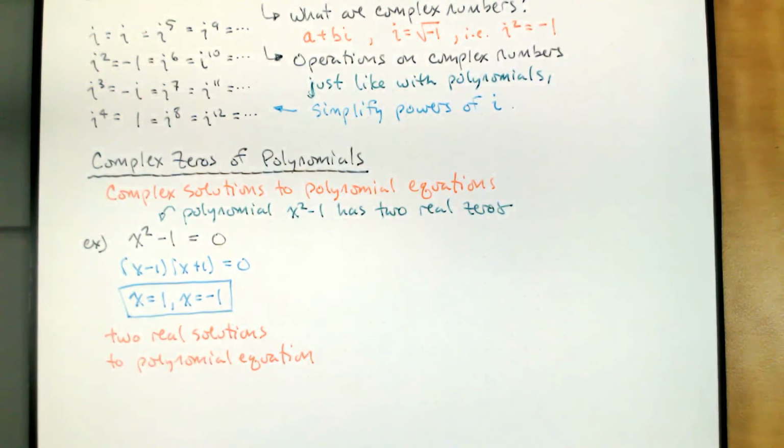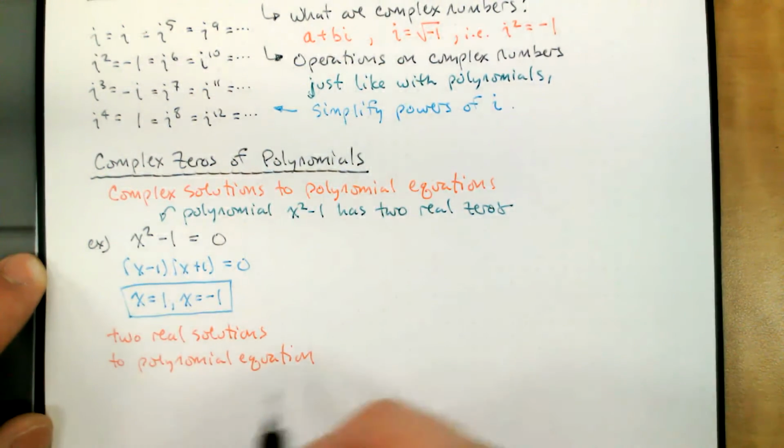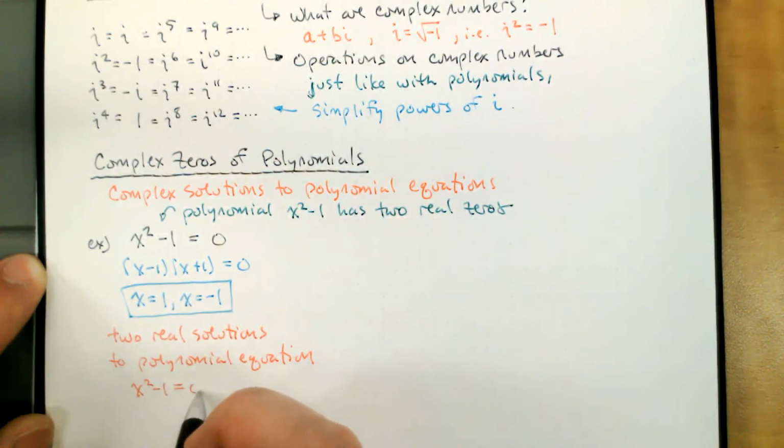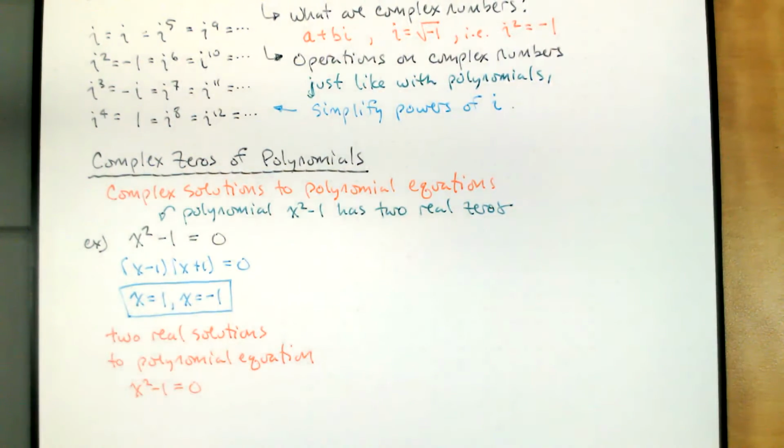Solutions are equation things, zeros are polynomial things. x squared minus 1 equals 0 is a polynomial equation, an equation involving a polynomial. We come up with very clever names in math for things. But we could also refer to 1 and negative 1 as the real zeros of the polynomial. Real solutions to the polynomial equation, real zeros of the polynomial.